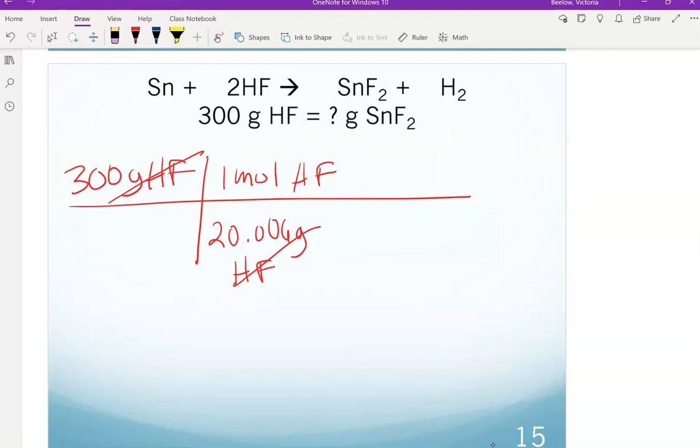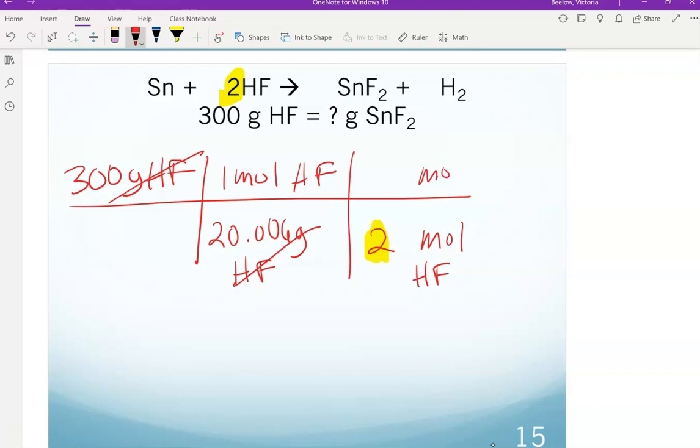Now that I am in moles, this is when I can use the balanced chemical equation. So I can convert between moles of the substance I have into moles of the substance I want. Again, if you're stuck, write the same unit that's here, write that here. So moles of HF, according to the balanced chemical equation, we have 2 moles of HF, so that's where that 2 is coming from.